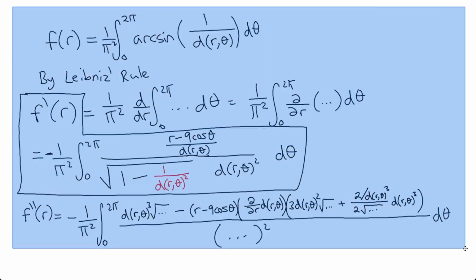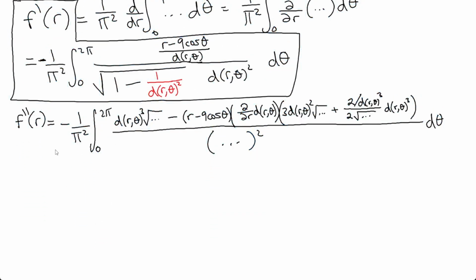I'll show you a proof that this is the case, which is similar to what we did for the second derivative of d. I would like this part of the numerator to be less than or equal to the other part of the numerator, so that when I subtract them, I get a quantity less than or equal to 0.